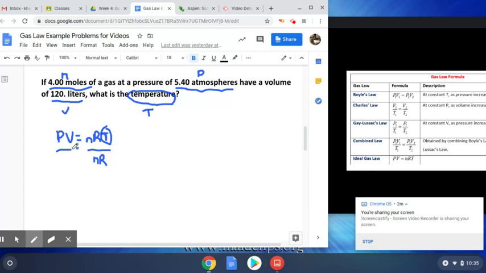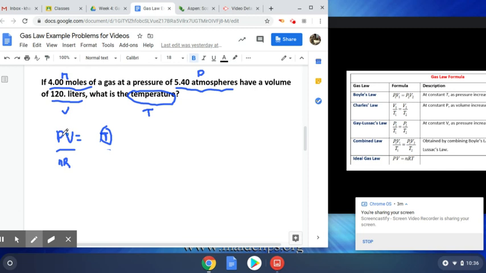So I'm going to do that on both sides. And that means N and R will cancel here, and you'll end up with just T. So I'll go ahead and erase those. Okay, and now we plug in our variables.